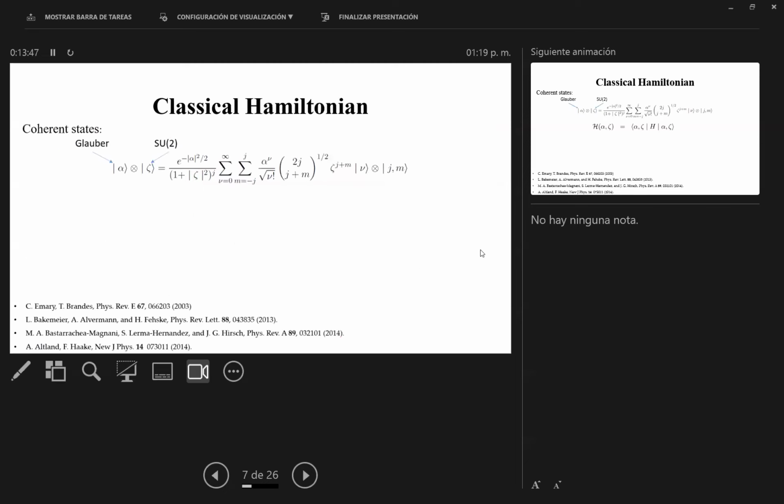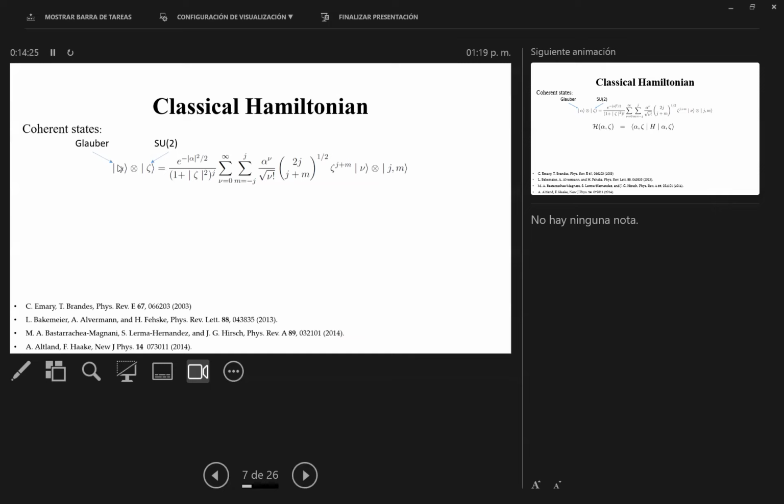And so, going to the classical Hamiltonian, for that we use the coherent states. Why coherent states? I think it is because they are the most classical quantum states, because they minimize the uncertainty principle of Heisenberg, and they are useful to project the system in the classical sense. Here I present the Glauber coherent states, useful to project the photonic part.